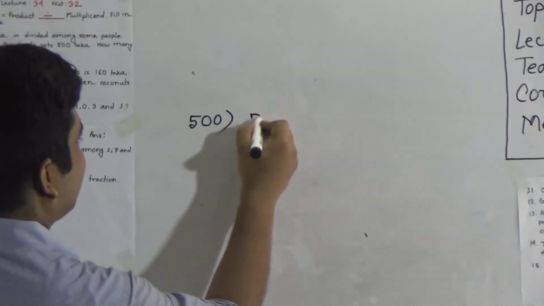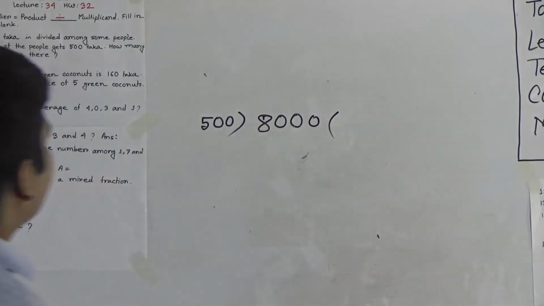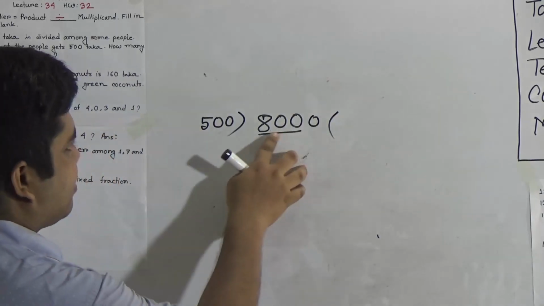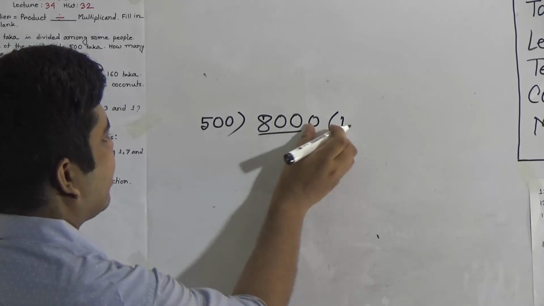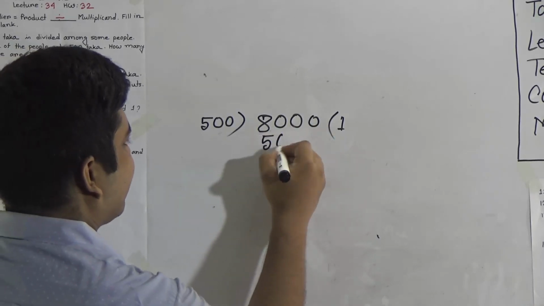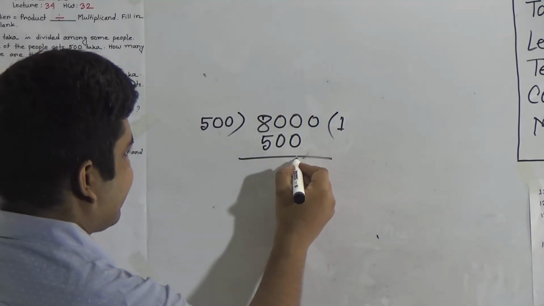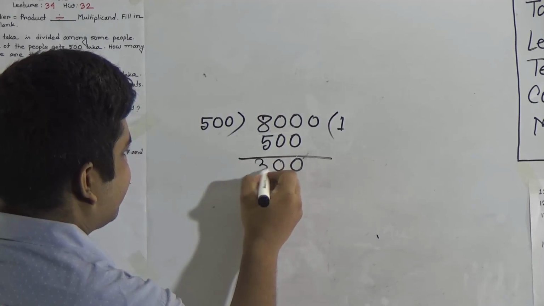So 500, 8,000 taka. My dear students, at first we take 3 digits. That means it is 800. In 800, 500 goes in 1 time. That means 500 1 ja 500. Now we subtract. That means here 0, and here 3.